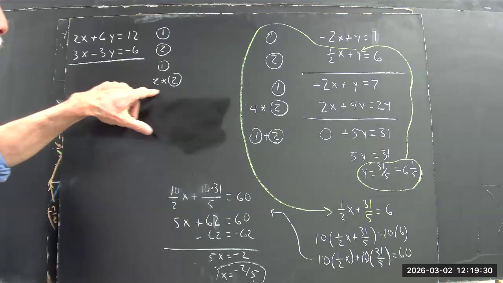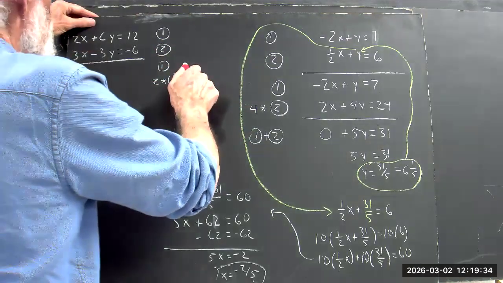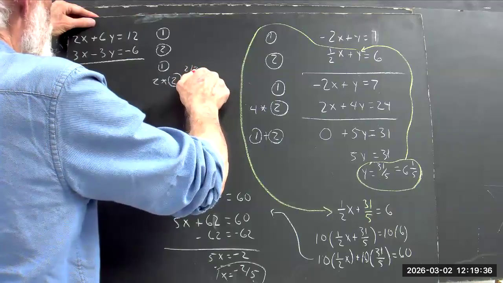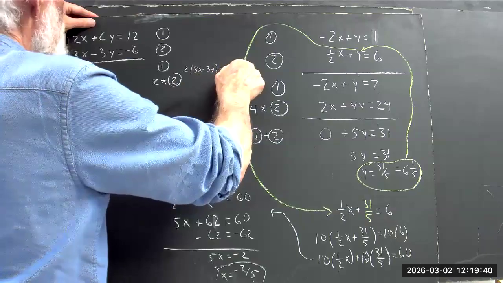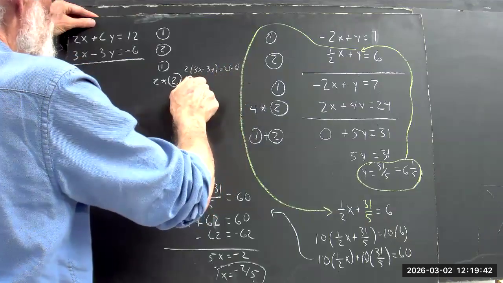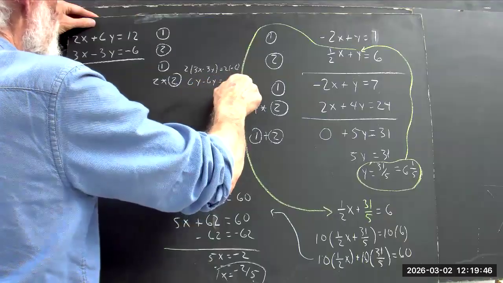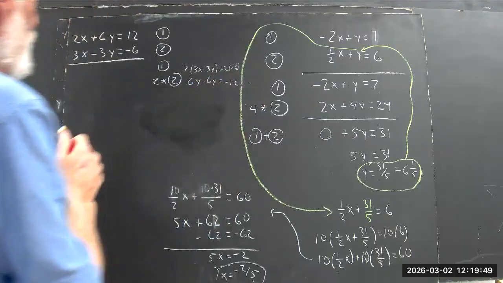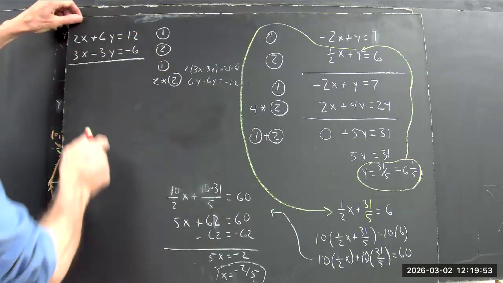Now, if you've got to write 2 times equation 2 off to the right, well, yeah, you could write 2 times 3x minus 3y equals 2 times negative 6, which would give you 6x minus 6y equals negative 12. So that when you do 2 times the second equation, now you know what to write down.